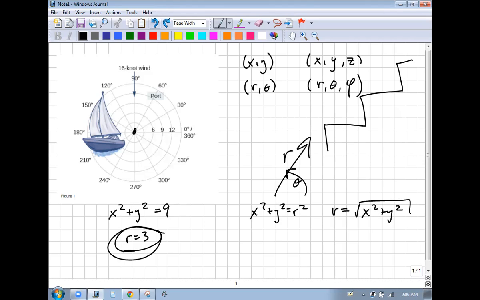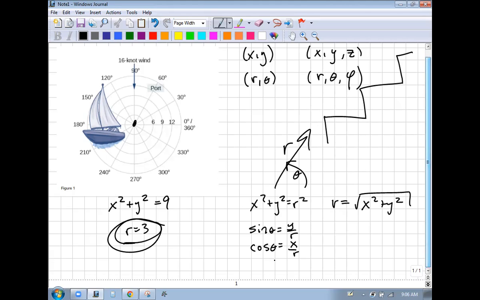The definitions of sine, cosine, and tangent. Sine theta is y over r. Cosine theta is x over r. And tangent theta is y over x.